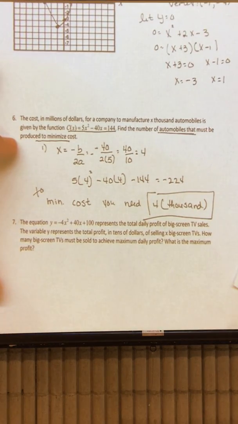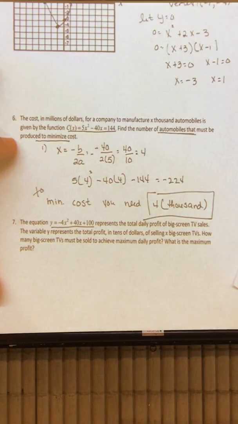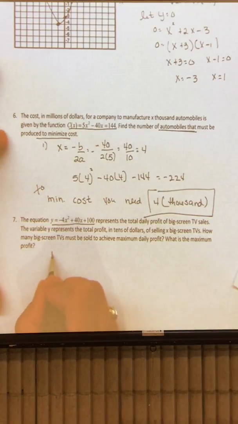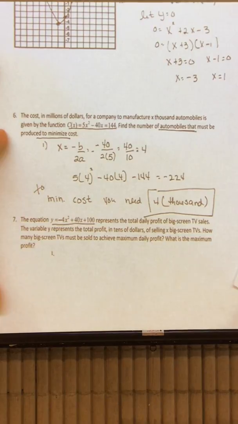Number 7, you're given another quadratic equation. You are asked what is the maximum profit. So again, to find the maximum profit, you need to do the same as you did for number 6. Again, because a is negative, you have a maximum, not a minimum.